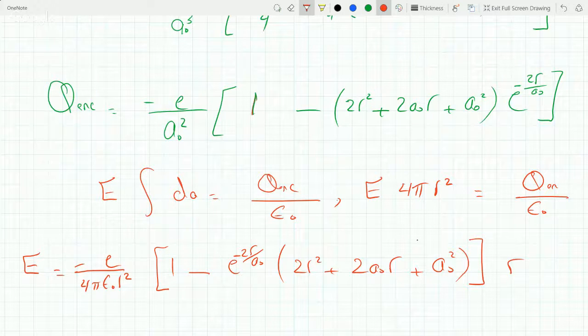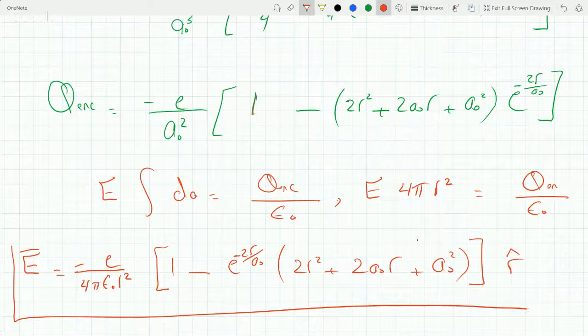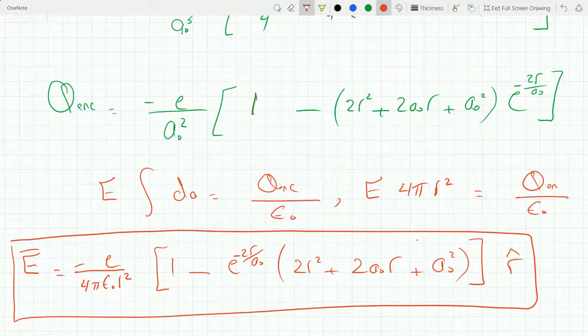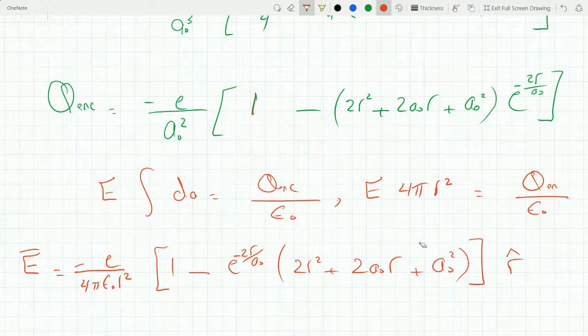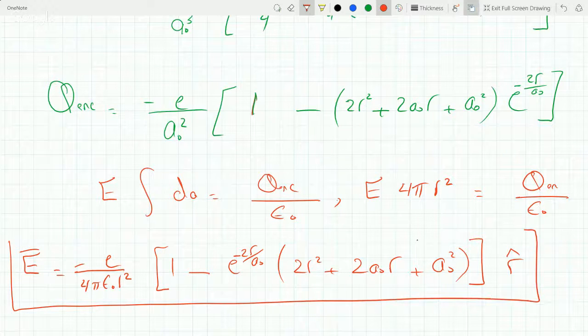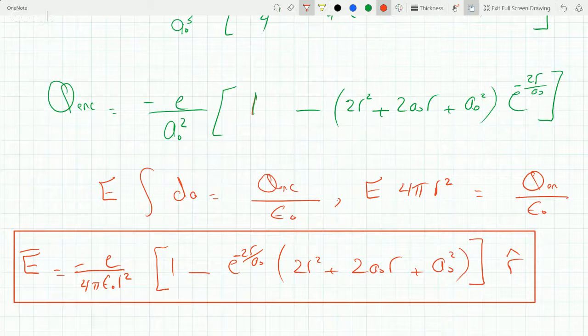Of course, this is in the radial direction. Let me box this nicely. This would be the electric field inside.